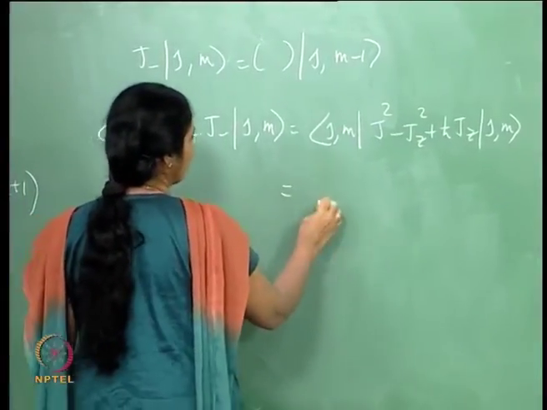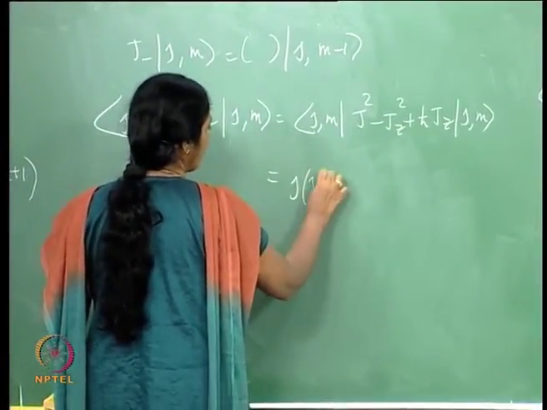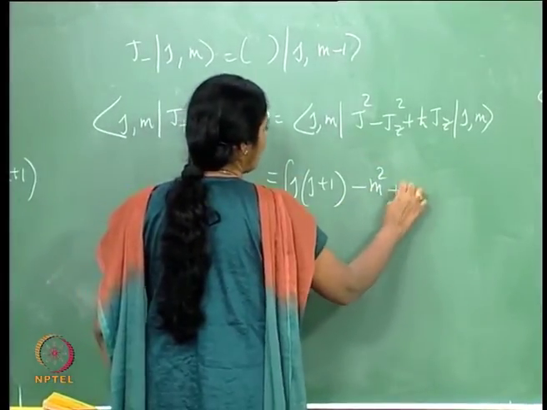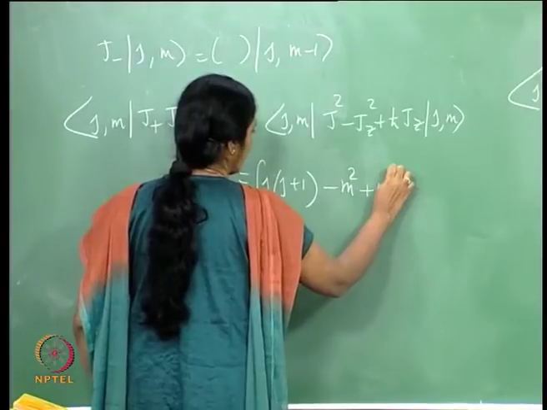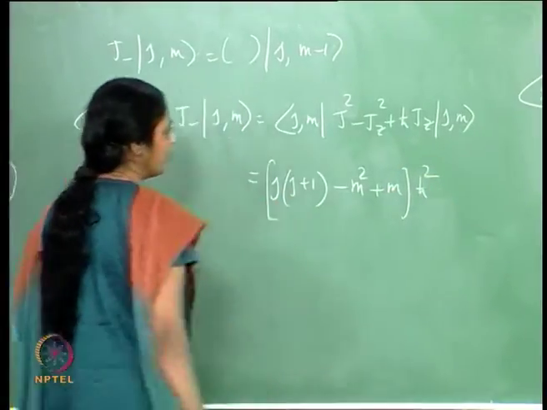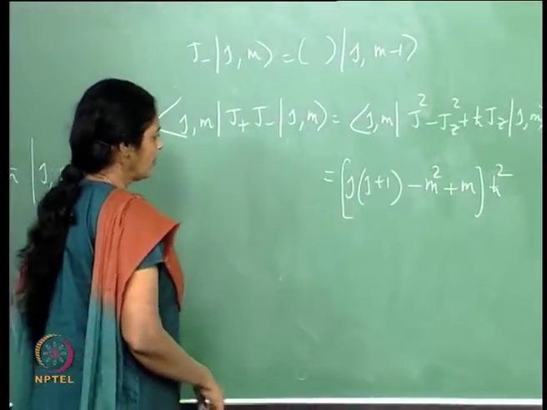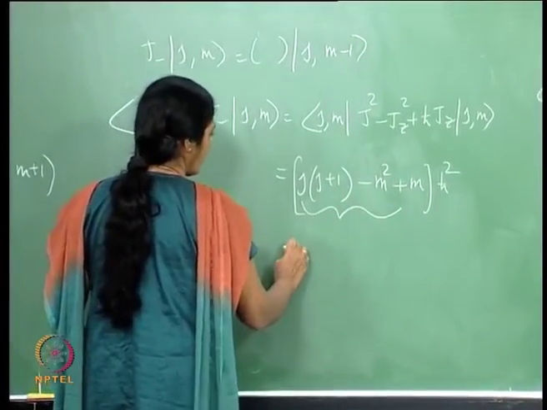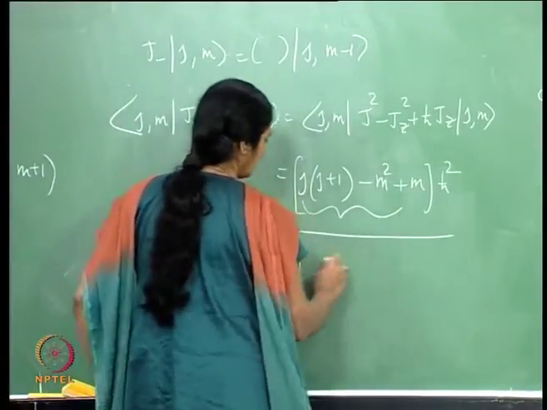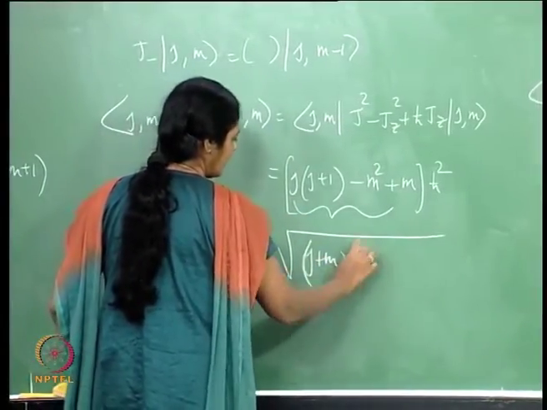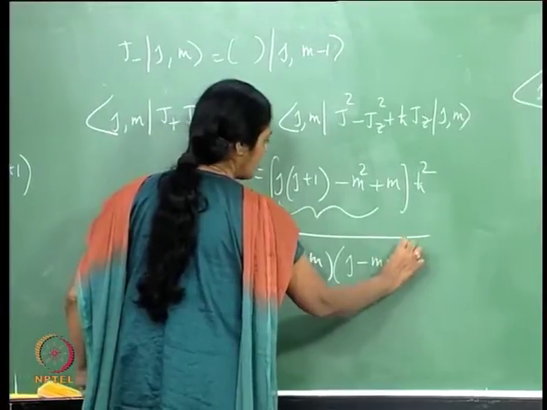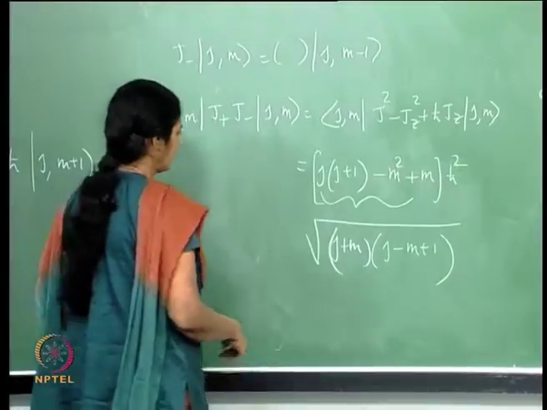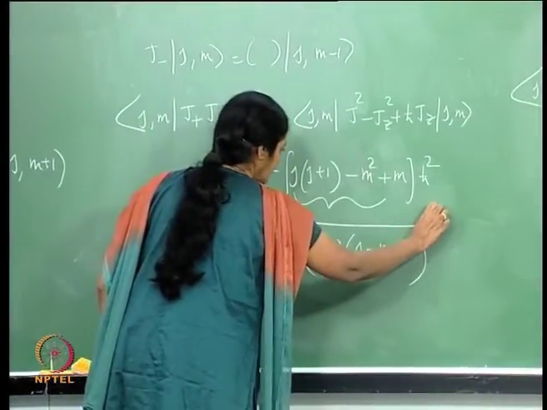As before, I have this to be j(j+1) minus m² plus m, times ħ². And this can be written as the root of (j+m)(j−m+1), the whole squared.